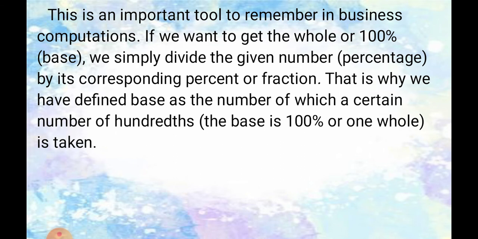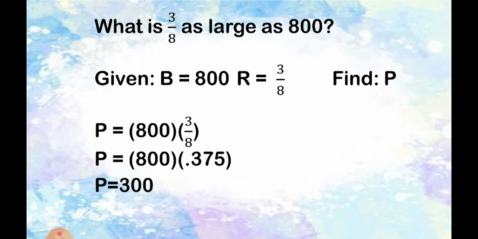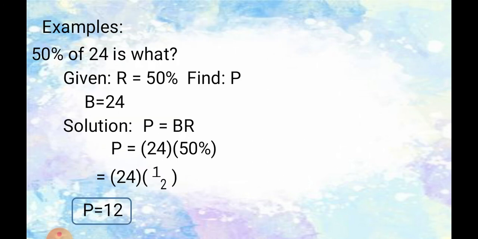And then finding the percentage again is P is equal to B times the rate or P is equal to B times R. Okay? So tandaan yung mga formula since magagamit natin yan in finding the percentage, finding the base, and finding the rate.